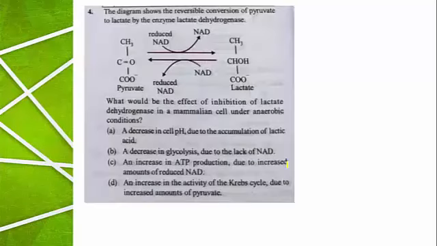Then moving to the next question. The diagram shows reversible conversion of pyruvate to lactate by the enzyme lactate dehydrogenase. Lactic acid fermentation, schematic representation. What would be the effect of inhibition of lactate dehydrogenase in a mammalian cell under anaerobic condition?